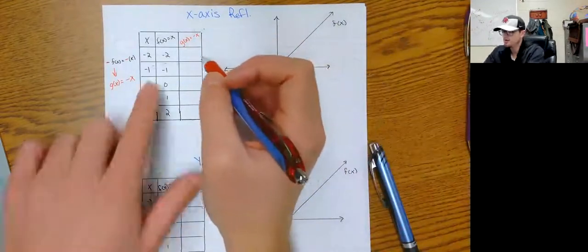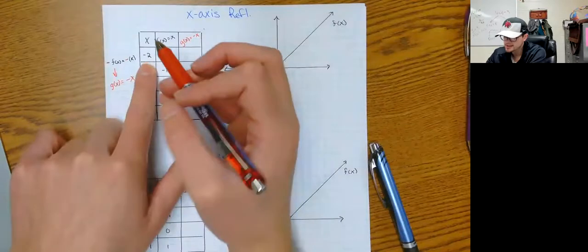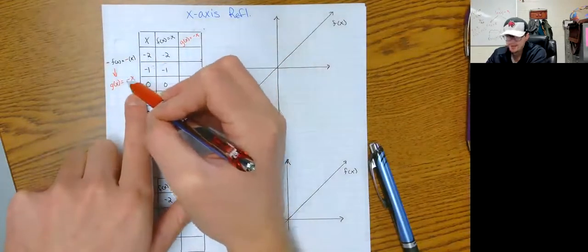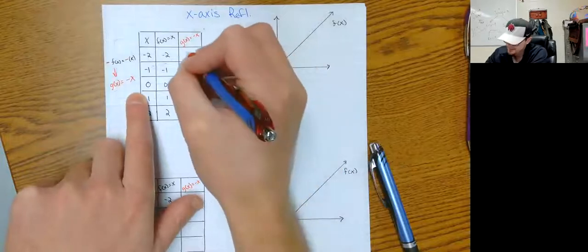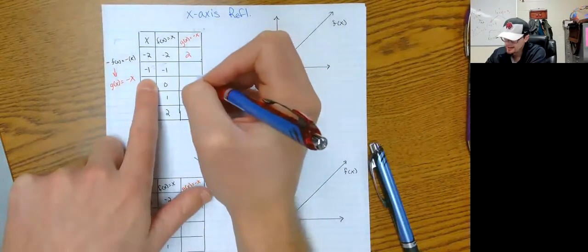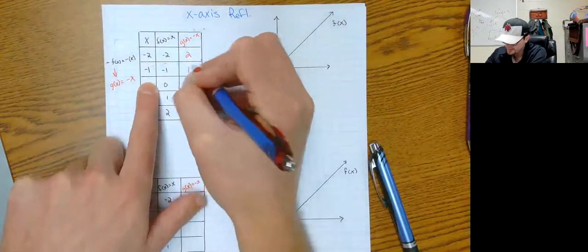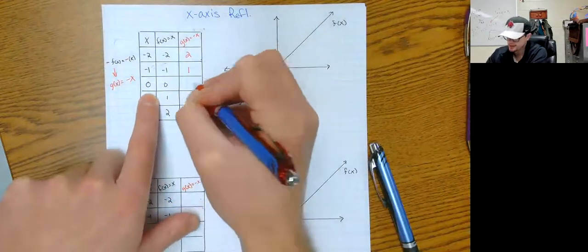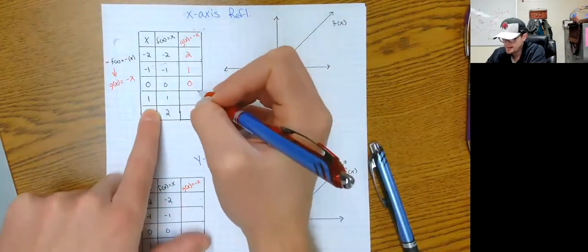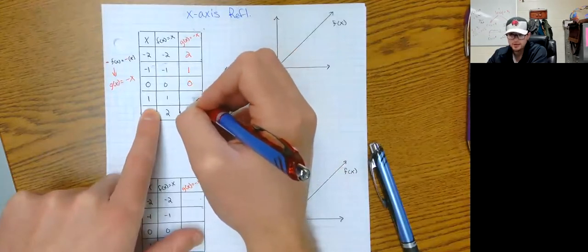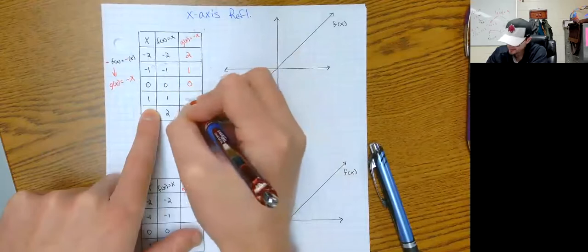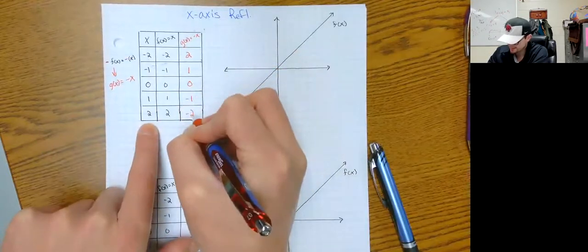All right, so if I substitute a negative 2 in, what's a negative times a negative 2? Positive 2. What is a negative times negative 1? Positive 1. Anything times 0 is 0. What is negative times positive 1? Negative 1. And then negative 2.